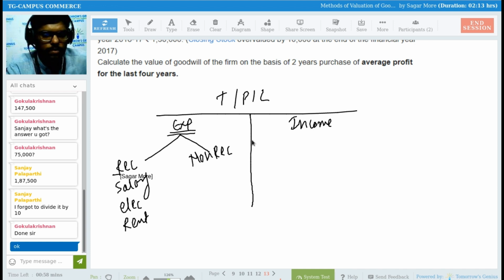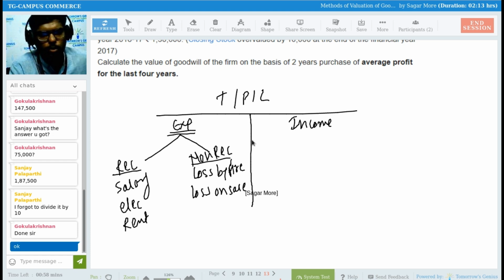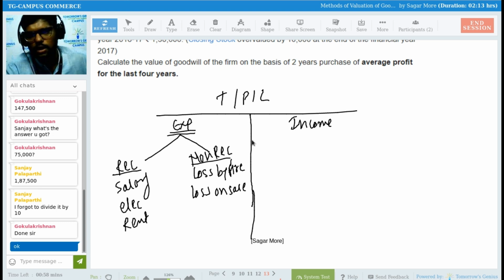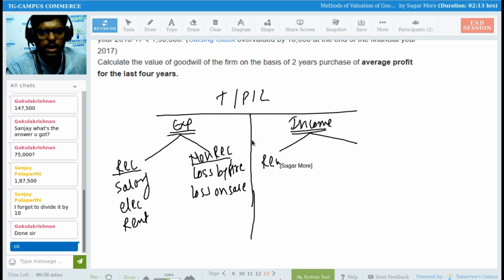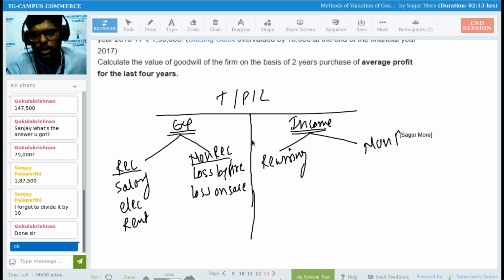Non-recurring expenses are like loss by fire, loss on sale of asset. You have recorded both. Similarly, on the credit side, you have recorded both incomes, recurring as well as non-recurring.